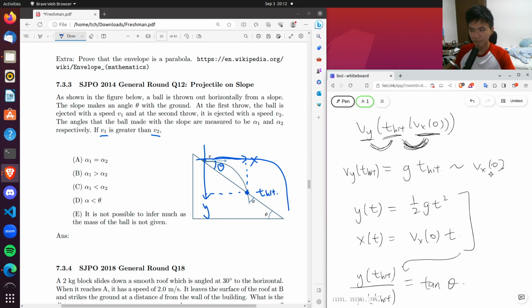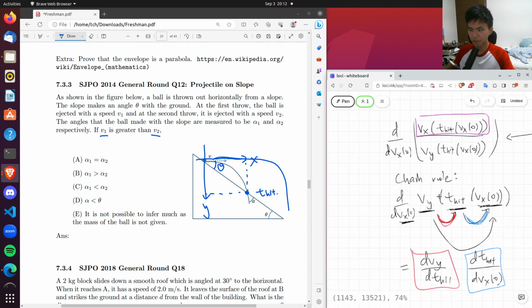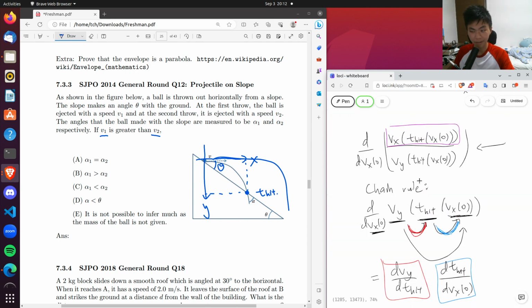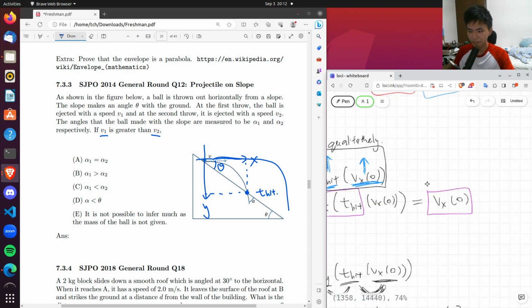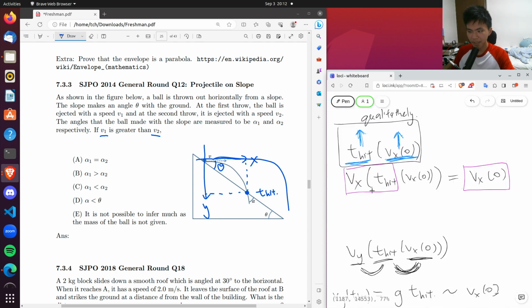Okay, so vy varies linearly with respect to vx naught, and all that's left to do is to look at the ratio of vx over vy. So we showed here that vx, because there's no horizontal acceleration, vx as a function of time is just the initial velocity.